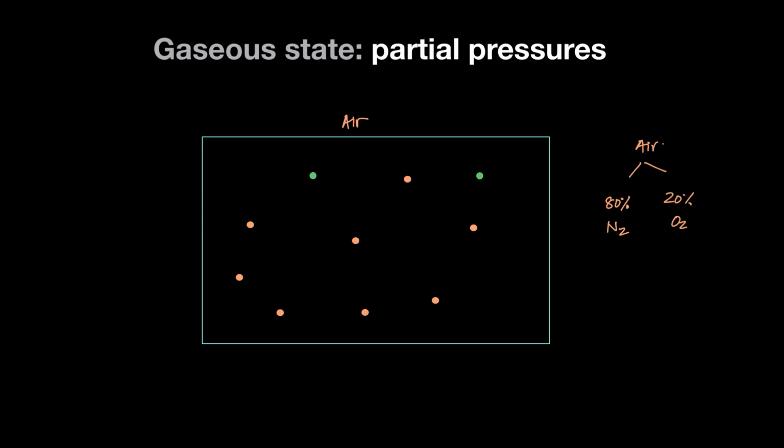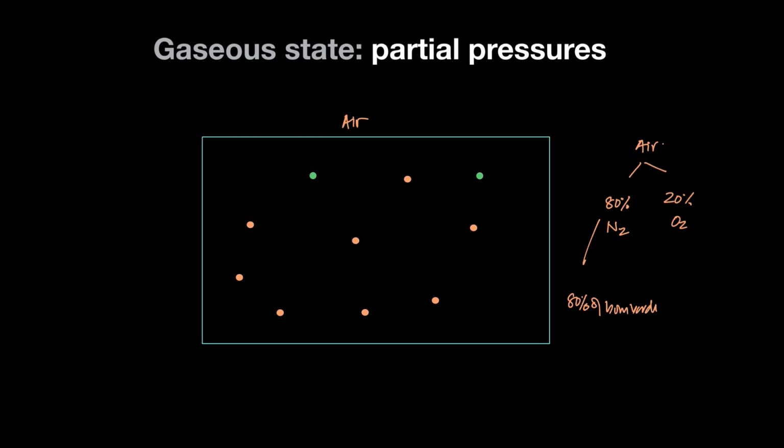And what we discussed earlier was that the pressure this air exerts on the wall is because of these bombardments. So if I follow logically, there are the 10 molecules, 8 bombarding are nitrogen and 2 bombarding are oxygen. So I can safely say that 80% of molecular bombardment is because of nitrogen molecules.